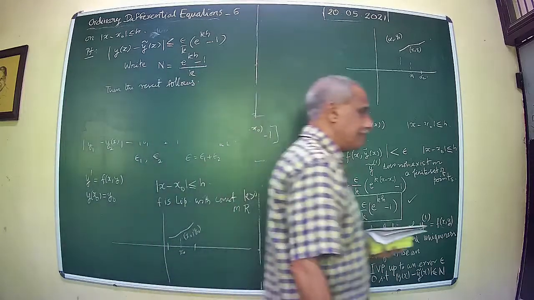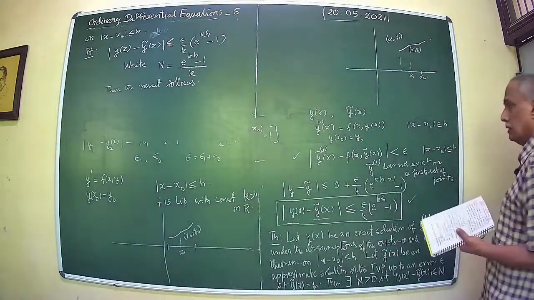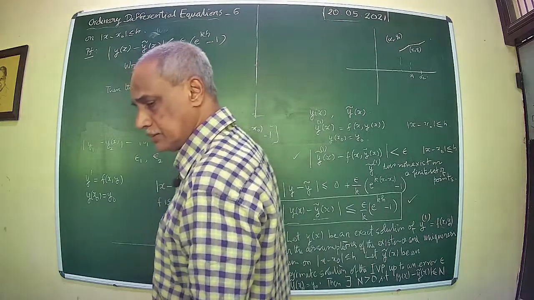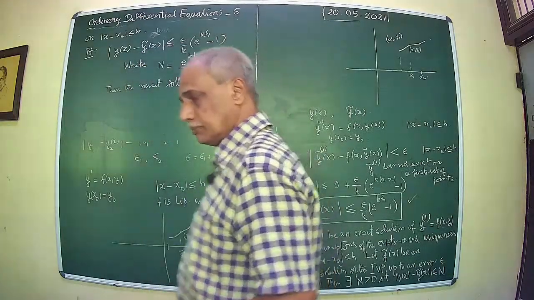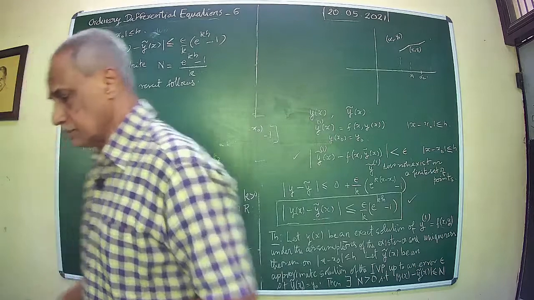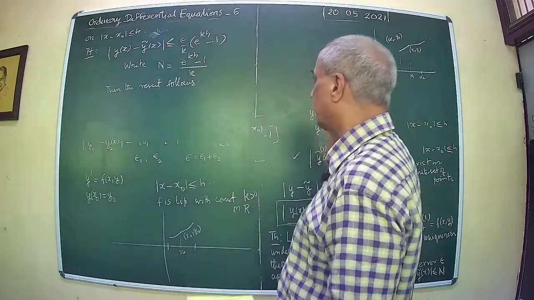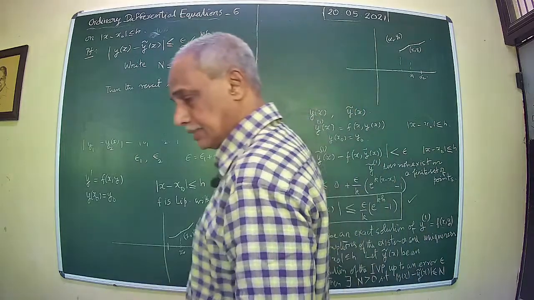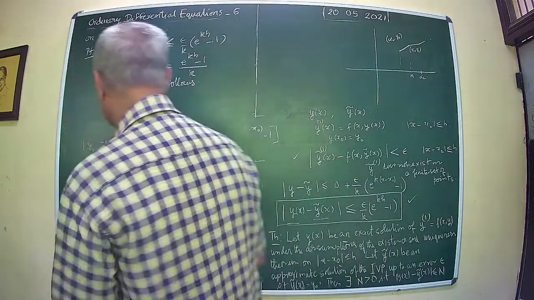This actually estimates the error in the choice of an approximate solution. How it is related to this, and it is linked up with the Lipschitz constant, etc. It's clear.